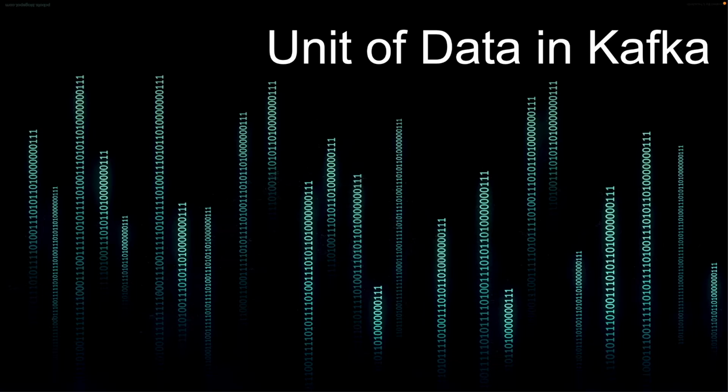It doesn't translate into anything from Kafka's perspective. Before the message reaches Kafka, it is a byte array. And also, while Kafka is pushing the message to the consumer, it pushes a byte array. So the unit of data in Kafka is a message, and a message in Kafka is just a byte array.